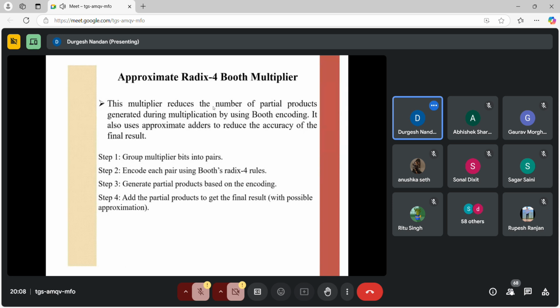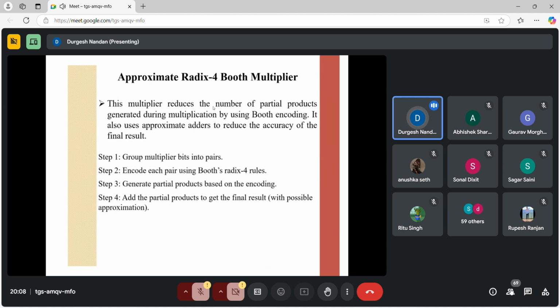The most popular one is the Booth multiplier, which, as you are aware, is implemented with different approaches like radix-4, radix-8, radix-16, and so on.